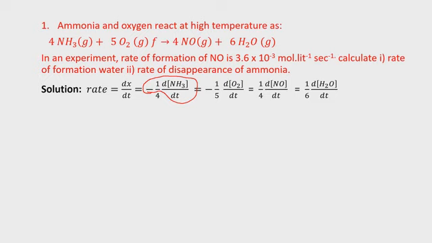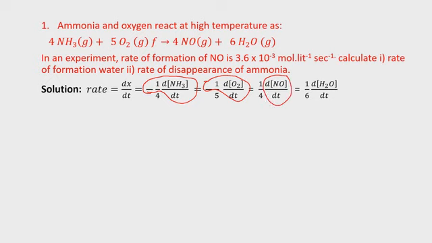Next one, minus dO2 by dt. This is rate of disappearance of oxygen. Here no minus, means plus is there: dNO by dt.